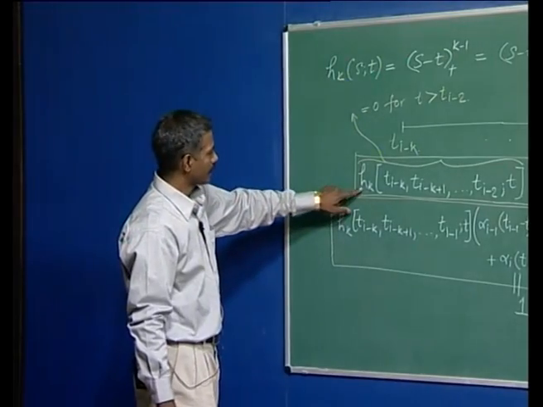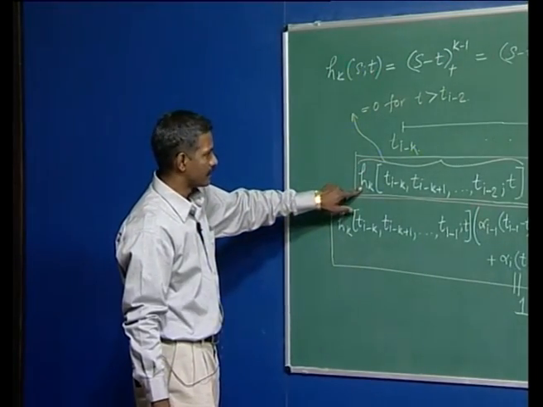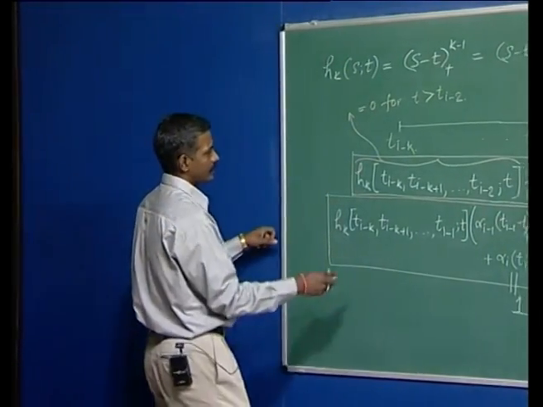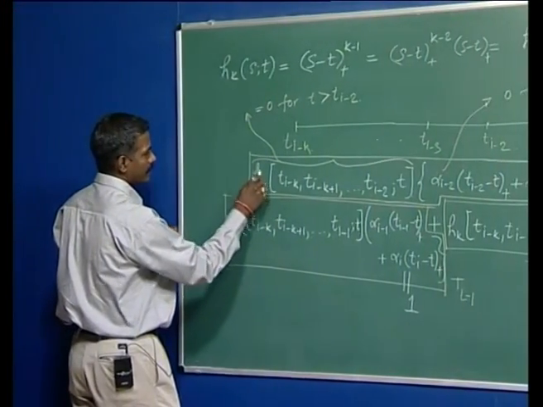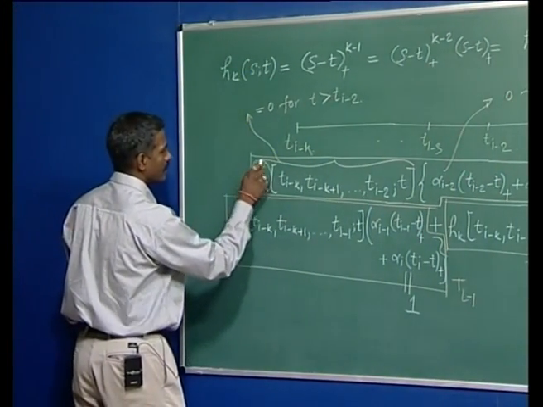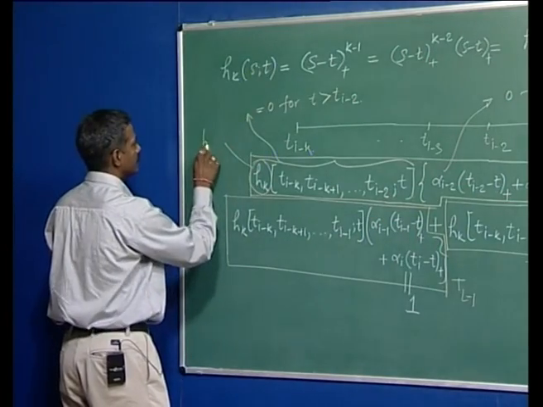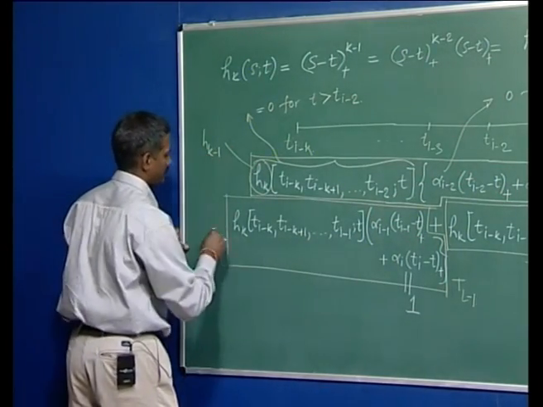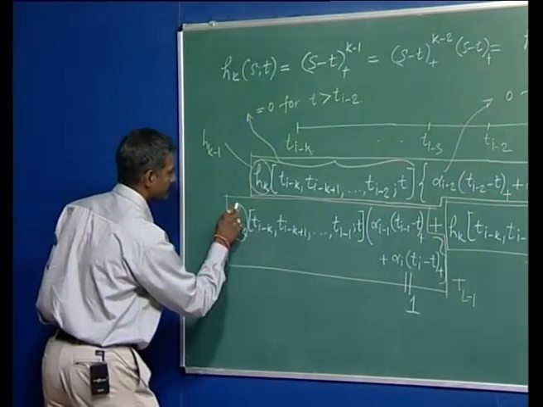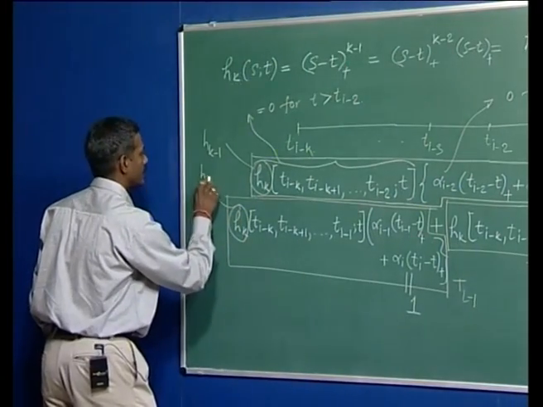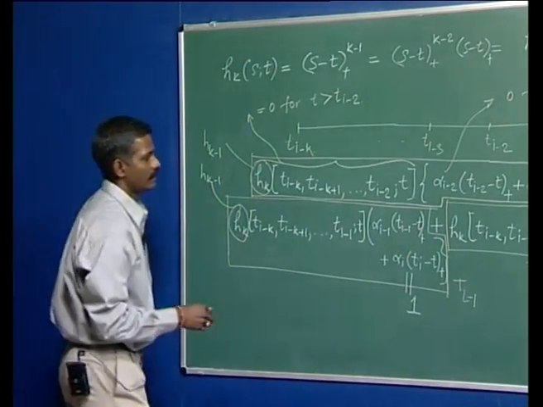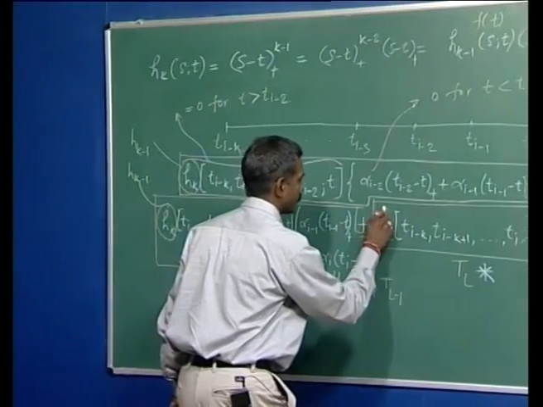I just realized that I have made a little mistake here. This thing should be h_{k-1}. Likewise, this is h_{k-1}, and so is this.